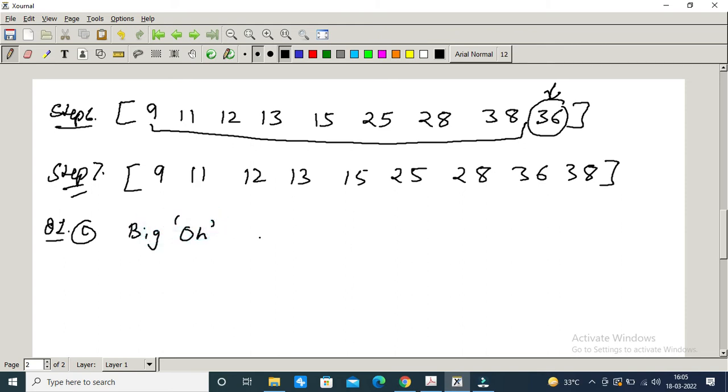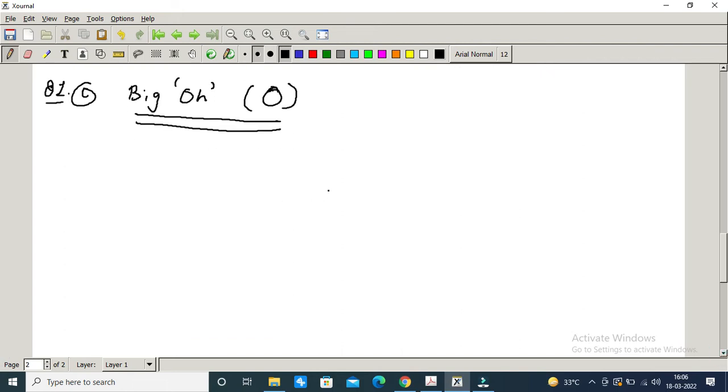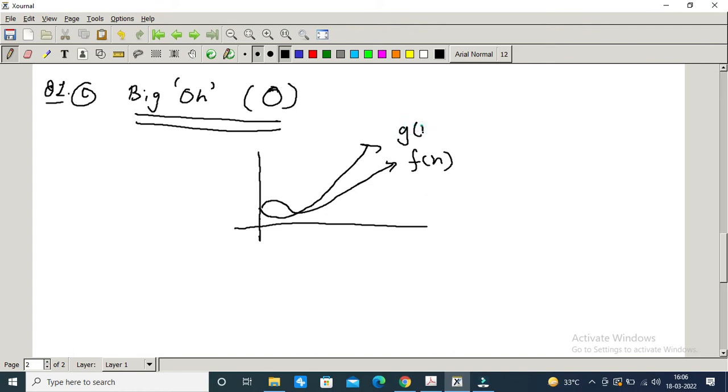Big O is represented like O. So the definition says, if we have two functions f(n) and g(n), and the graph is like this, we have this f(n) function, it is like this, and this is your g(n).